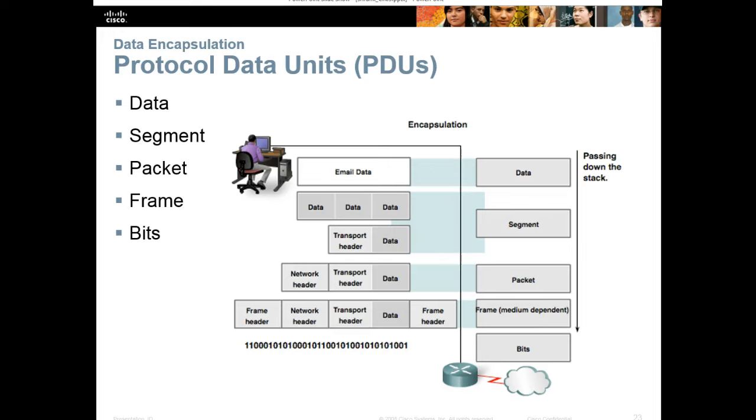And then as it goes on down, the transport header gets put on, then the network address gets put on. That's the IP address of the destination before it starts its long journey across the web. And then it's got to make it onto the physical web. So before it goes out onto your Ethernet cable or over the Wi-Fi, it has to have a framing header put on.